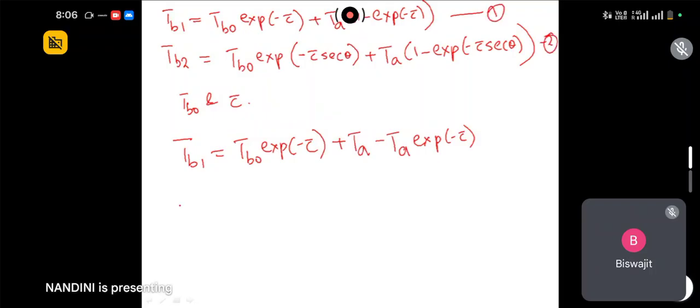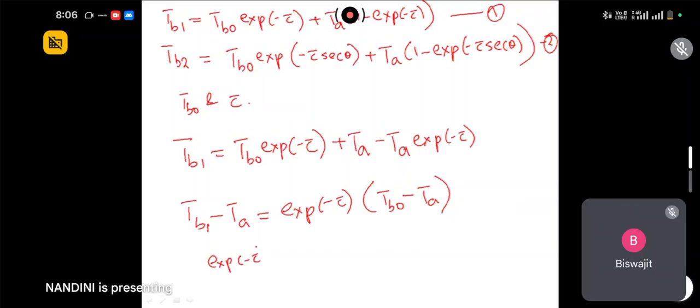From this, we can write TB1 minus Ta is equal to exponential of minus tau times TB0 minus Ta, or exponential of minus tau can be written as TB0 minus Ta divided by TB1 minus Ta. This is the value of exponential of minus tau.